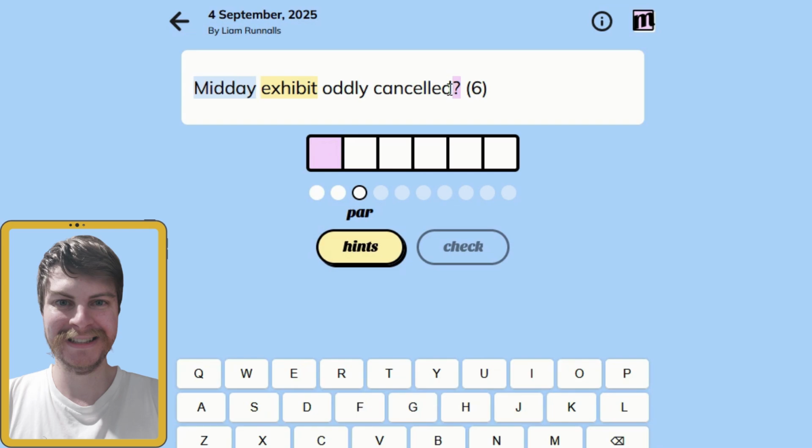Cancelled means it's a deletion indicator. Oddly, could be a selection. Does cancelled mean there's an ED at the end of it? Something, because you cancel and then it's the ED.